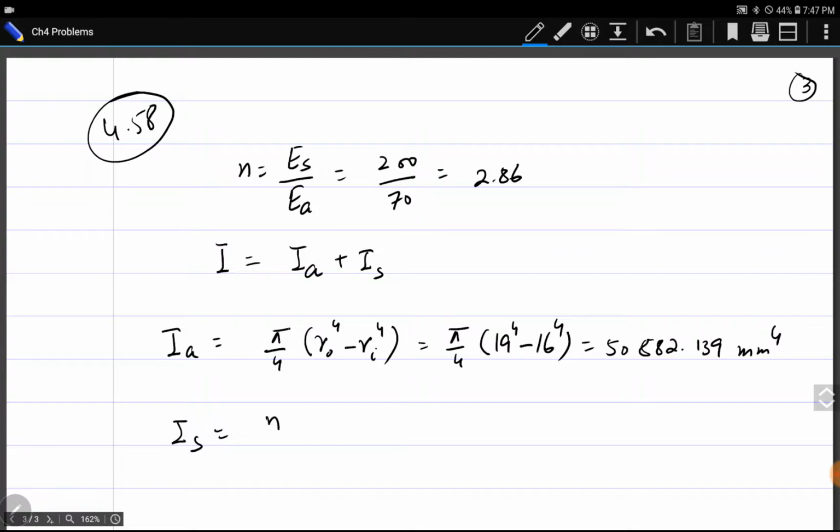I for steel, since we have replaced steel with aluminum, we have to multiply I for steel with n. So n times pi by 4, outer radius of steel section power 4 minus inner radius of steel section power 4. N is 2.86 into pi by 4.